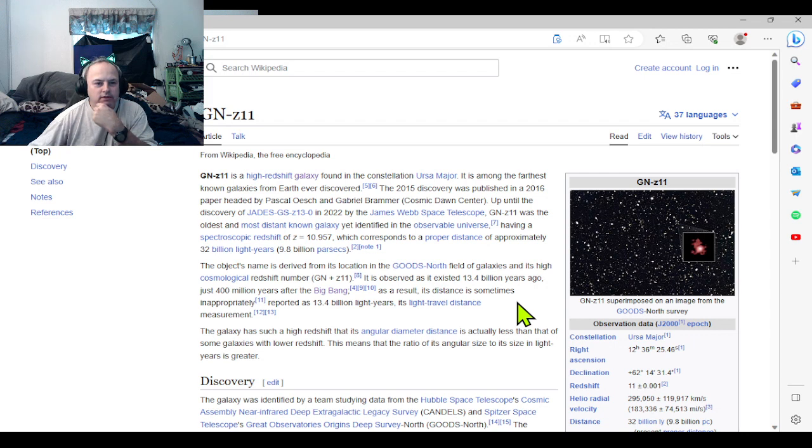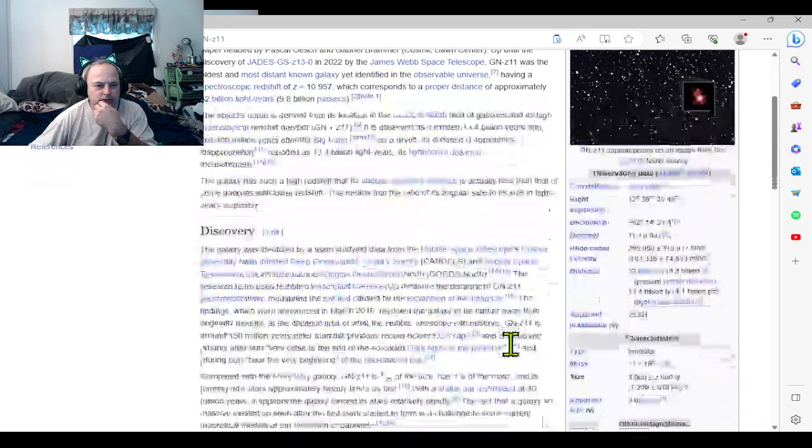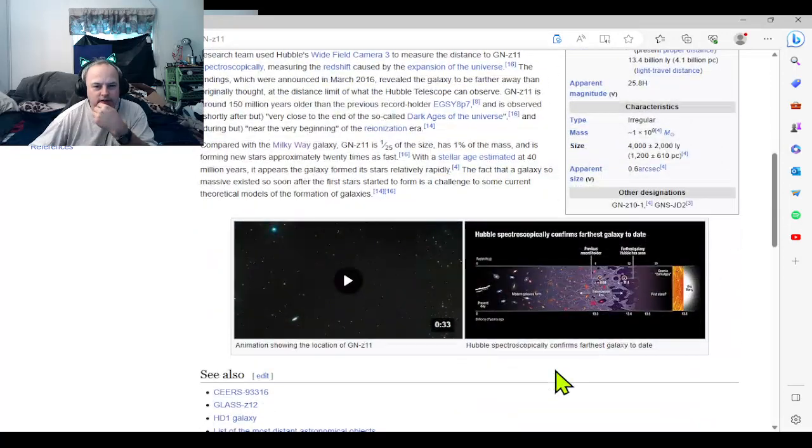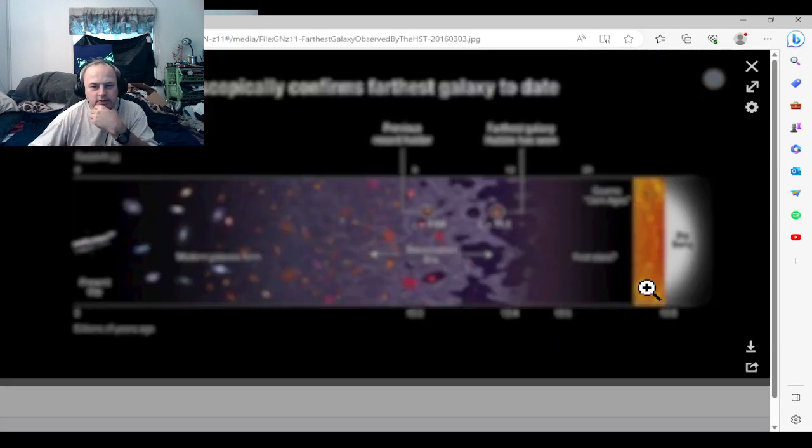It was seen by the James Webb, with redshifts, which I don't care about. Identified by a team. So the Hubble contains the farthest galaxy to date.